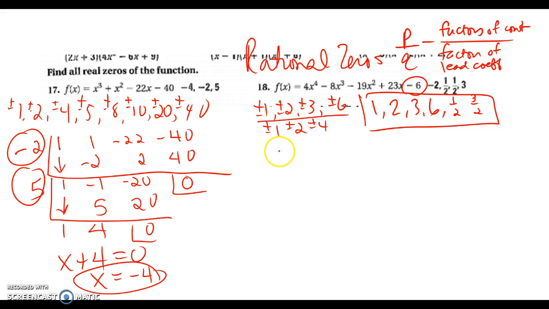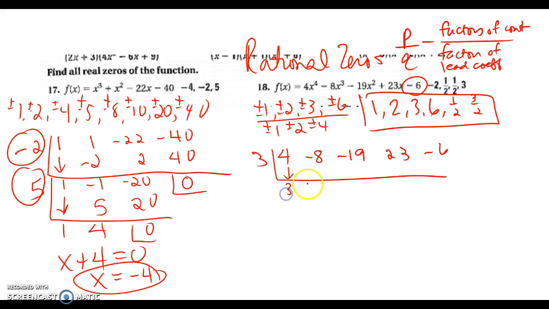So I will take my coefficients, 4, -8, -19, 23, and -6. I'm going to try 3. Bring down the 4, multiply to get 12, add it up, you have 4, then 12. Add it up, -7, that's -21, add it up, it's 2, then 6.